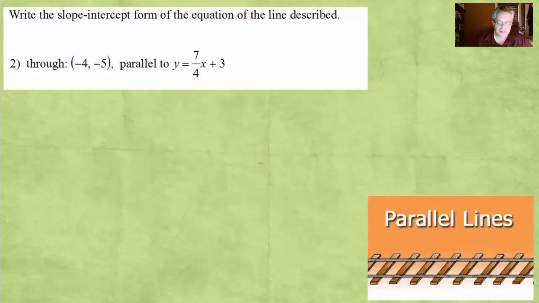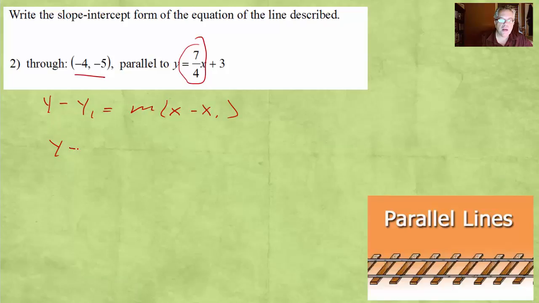All right, here's another example of the same thing. So let's kind of go through this. This is parallel lines. So that's the given point. That's the slope we're going to need. So let's just do it. y minus y1 equals m times x minus x1. So y minus a negative 5 equals 7/4 times x minus a negative 4.